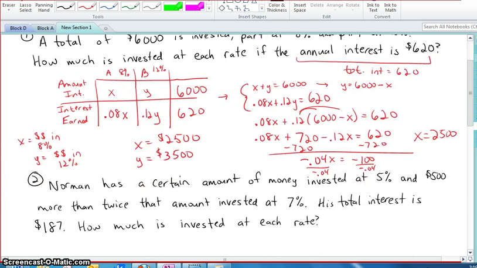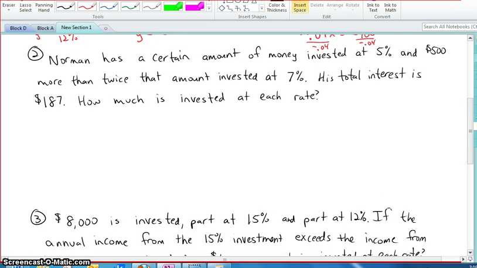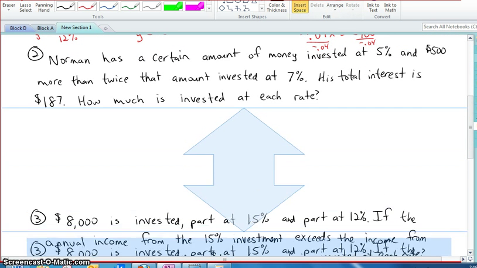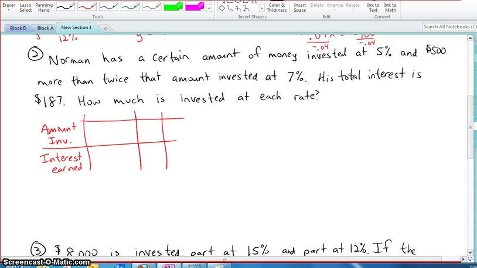Okay, let's look at the next one. Norman has a certain amount of money invested at 5% and 500 more than twice that amount at 7%. So I still have the amount invested and the interest earned. The question's asking me how much is invested at each rate. Since that's the question, that's going to tell me what my variables are.